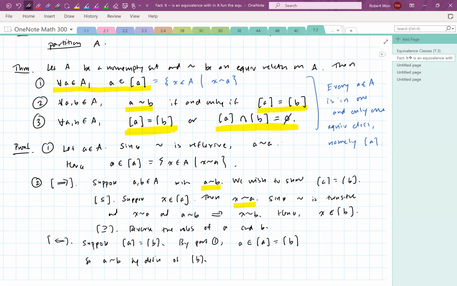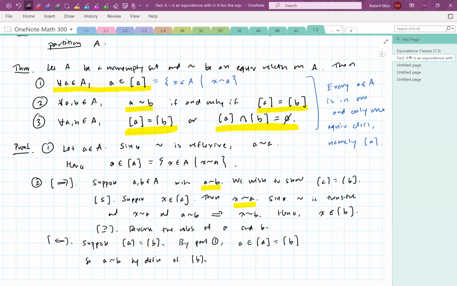One, every set in this collection is non-empty. So C must consist of non-empty sets. Two, for every x in A, there exists some V in C such that x is in V. So every element of A is in at least one of the subsets in C.